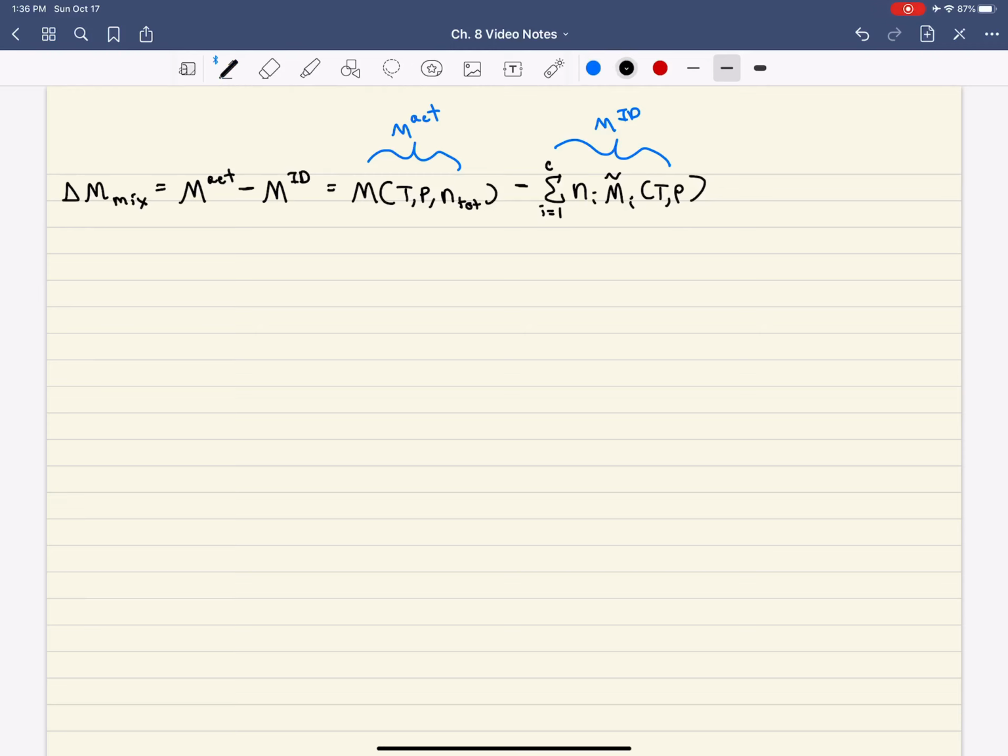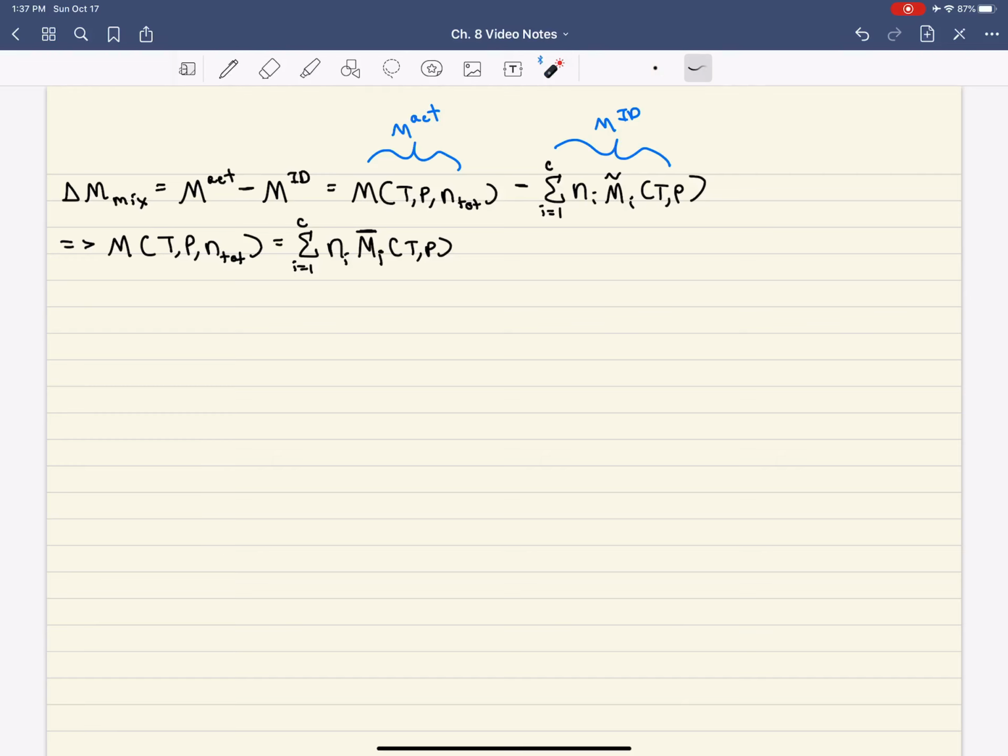And so based on this relationship, we could then move forward and just say that your actual value, M(T, P) and also a function of the moles in the system, is just going to be equal to the summation of N_i partial molar M_i at some temperature and pressure. Right?